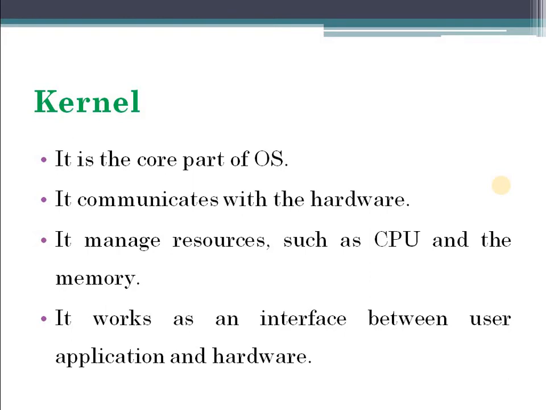Now it is also working like an interface, but for what? For the user applications, for the programs which are providing an interface to the user for the interaction. So users interact with the application programs, and application programs interact with the kernel to access the hardware. Okay.